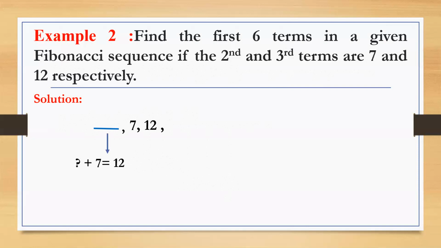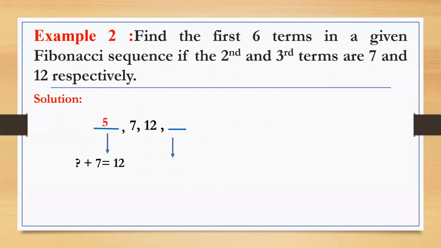So here, which number when added to 7 will give me 12? Remember, to get 12, I need to add the two previous terms. So which number added to 7 is equal to 12? 5.